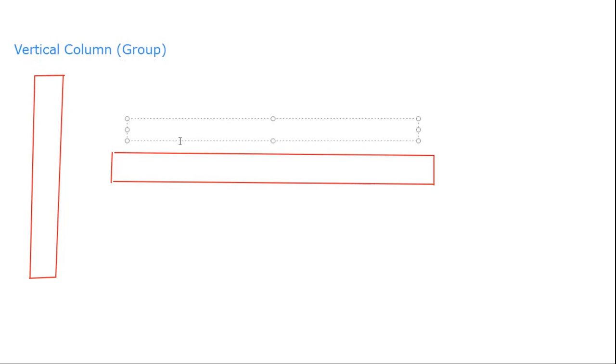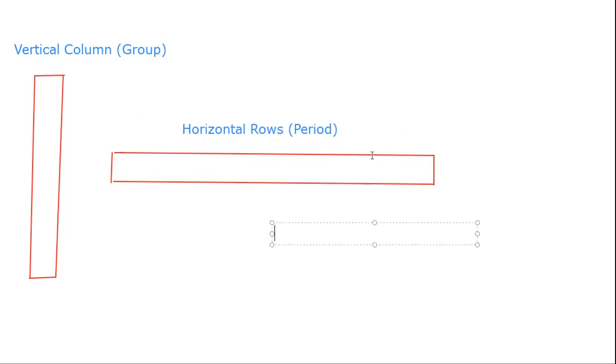So horizontal rows are called period later. Any problem till now? No. Okay, so this is the vertical column and the horizontal rows, the shape of each of them.